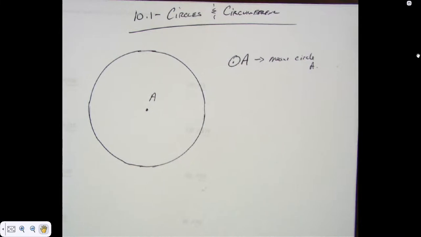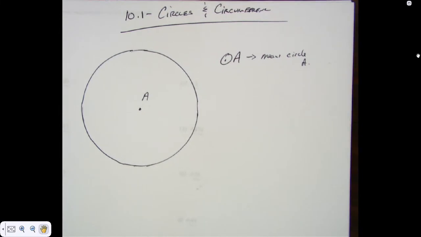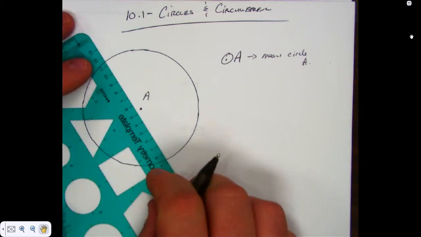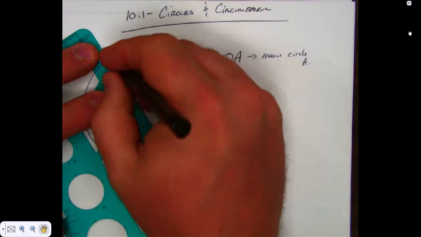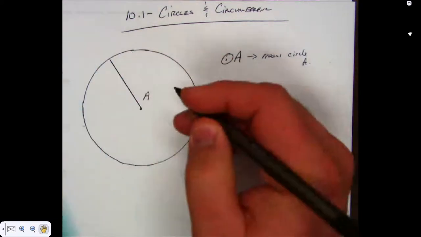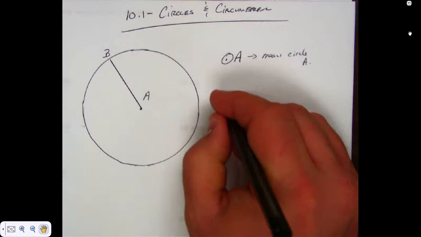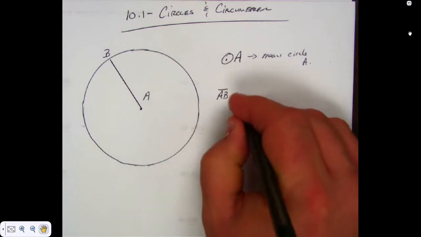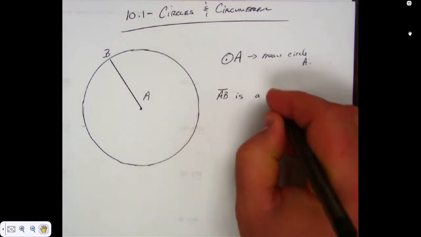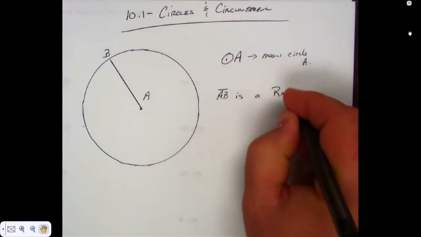Here's one thing about circles. They're always similar to each other. They're always going to be the same shape, aren't they? Okay. What is this segment called? Is a radius.